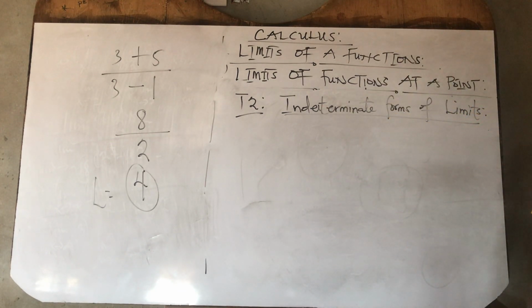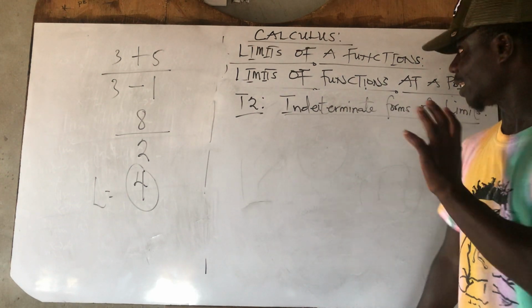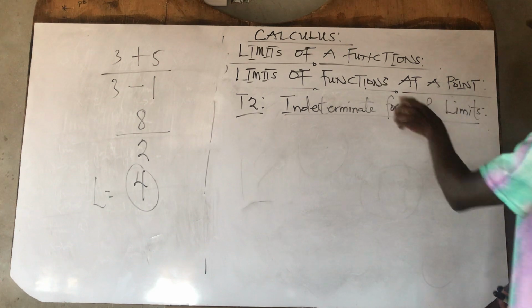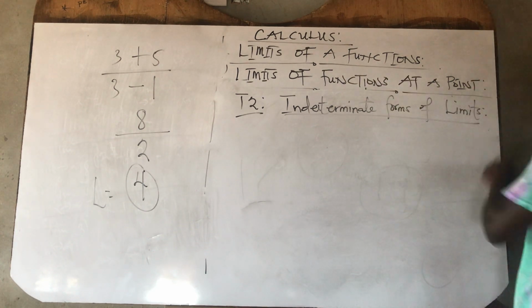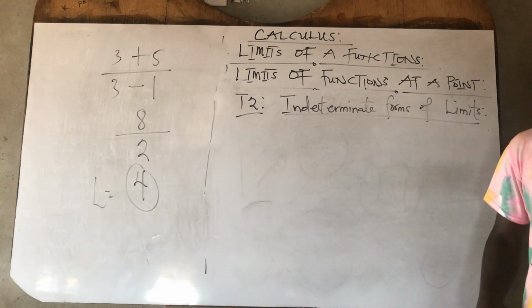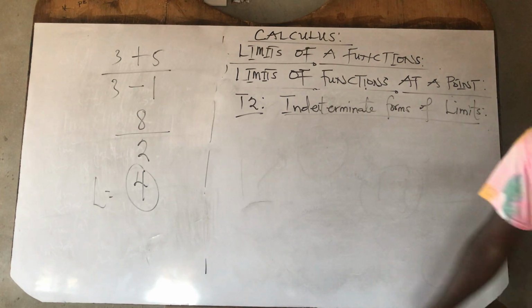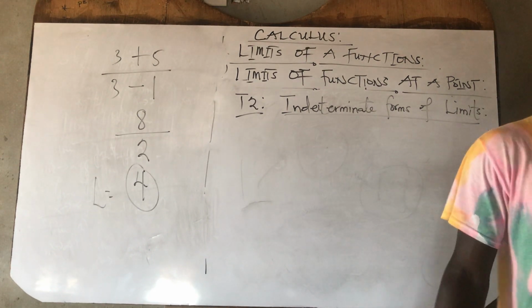So now, how should we tackle this type of question? Listen, this one is type 2, under the limits of functions at a point, indeterminate forms of limits. So now, let me read something to your hearing.